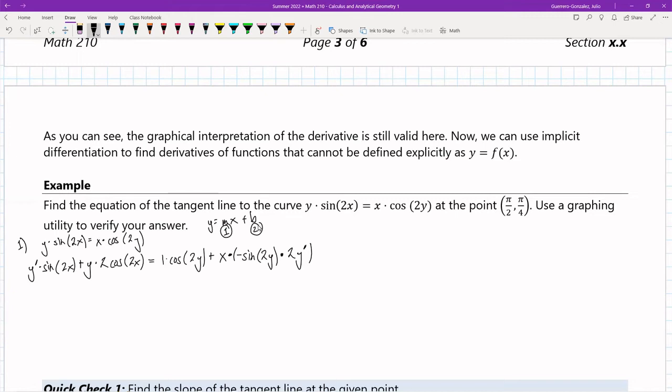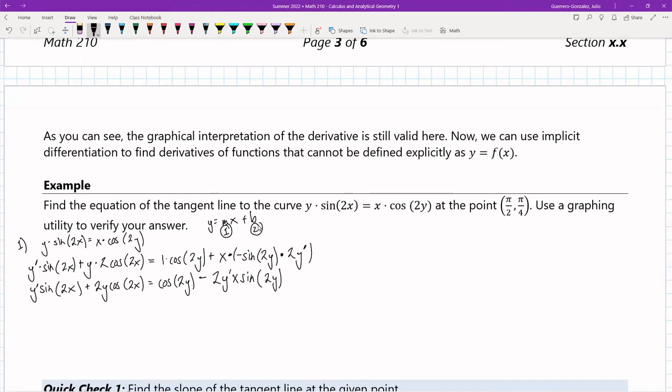So I'm going to rewrite this a little bit and get rid of the multiplications that are in there. So this is going to be y prime sine of 2x plus 2y cosine 2x is equal to cosine of 2y minus x times 2y prime times sine of 2y.